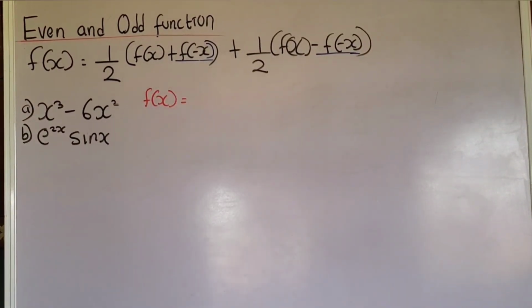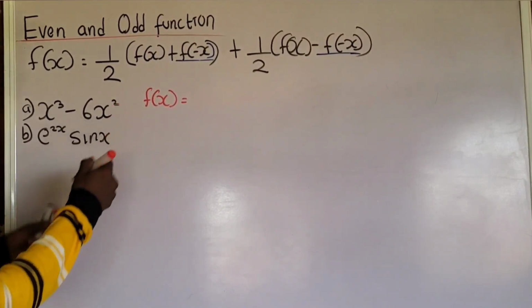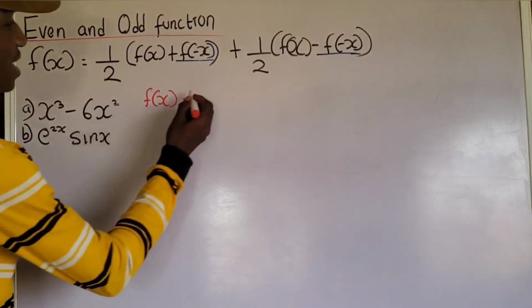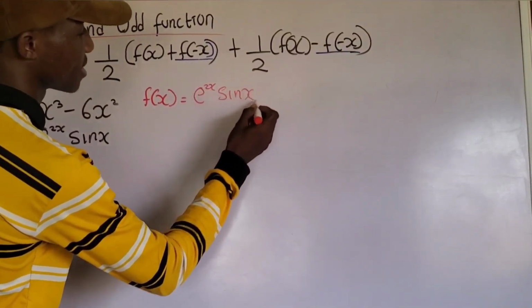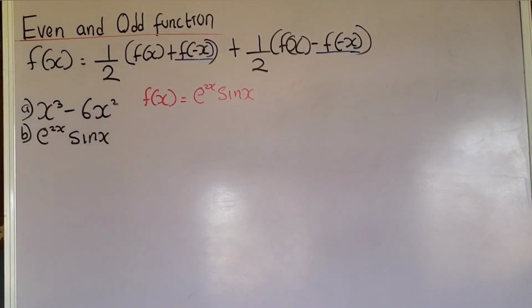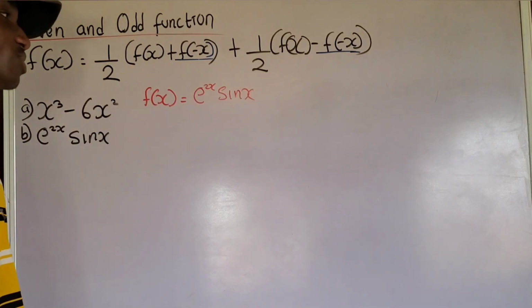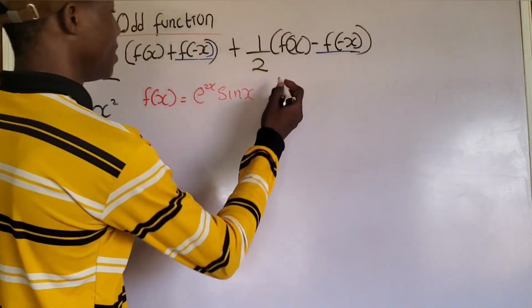Okay, let's proceed to the second question. We have now f of x will be 2x sine x. Now, because you know from the previous example, we need f of negative x and negative f of negative x. You understand? So let us quickly determine it.